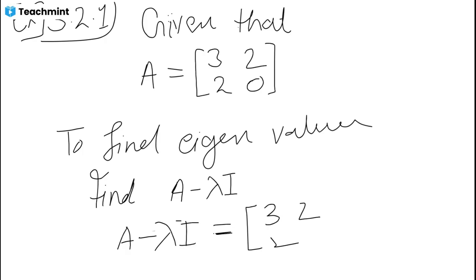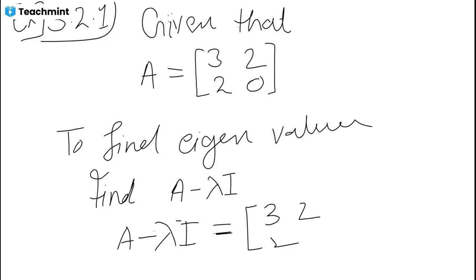So, yes, lambda. A is equal to 3, 2 and 2, 0, and a matrix of the identity. I can give you a matrix of the same order. Now by using scalar multiplication, we'll simplify them like this.